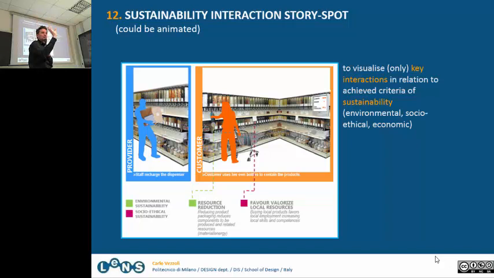We make a cut of the storyboard and we highlight it into that action. We have some environmental or socio-ethical benefits, and so this will be highlighted in this way. This could be a static image, could be animated, and so on.